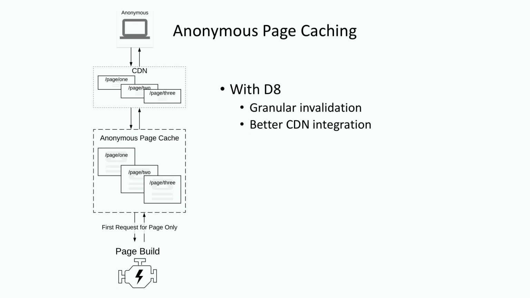And when you have a strong anonymous page cache in Drupal, it means you also can have a strong anonymous page cache at the CDN level, the content delivery network level. Not that CDN support wasn't possible with Drupal 7, it certainly is. But you run into the same problems that you do with Drupal's own page cache, which is how do you invalidate pages that have multiple dependencies.